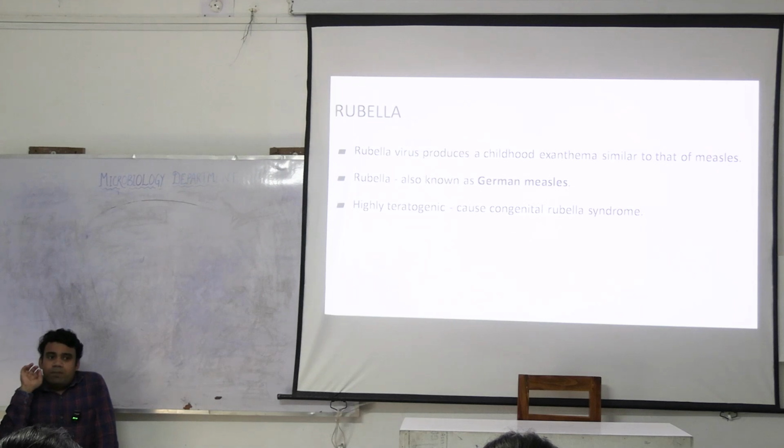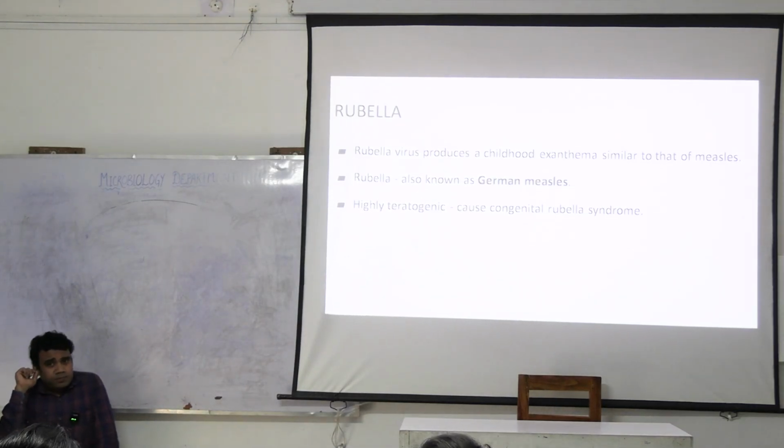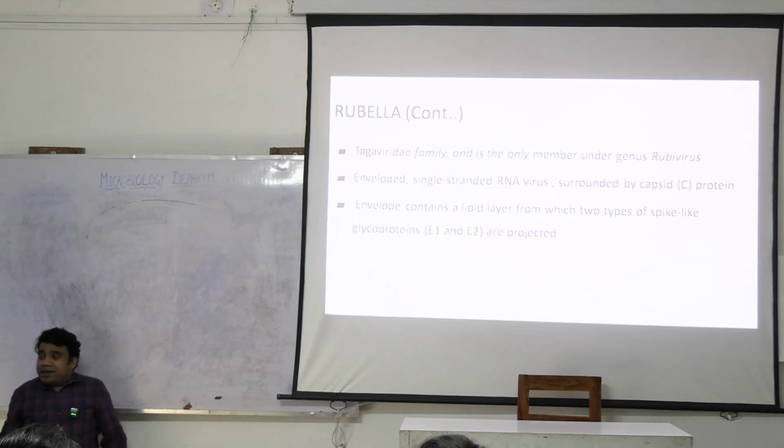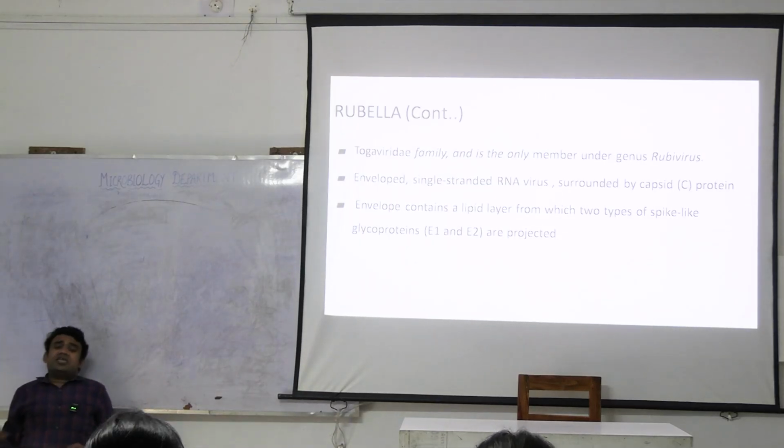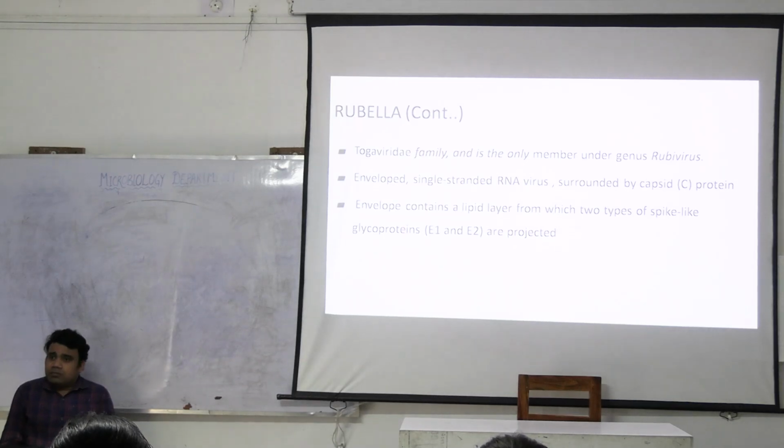That means if a pregnant woman is infected during pregnancy, there is a high chance of damage to the fetus. And if the child does survive, we call it as congenital rubella syndrome. This is the reason why vaccination of rubella virus is mandatory for all children, and especially in case of girls.